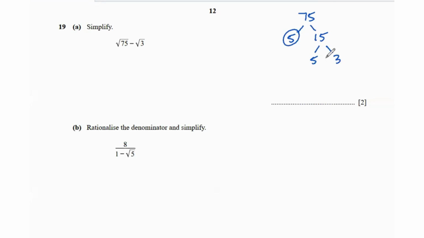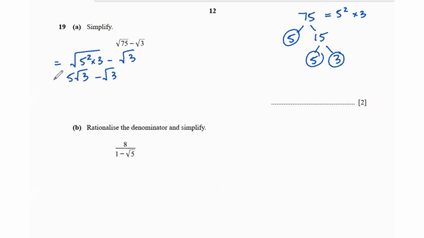So we can see that 75 is 5 squared times 3. So 5 squared times 3 minus root 3. 5 squared is 25. Square root of 25 is 5. So 5 comes outside. 3 remains inside.